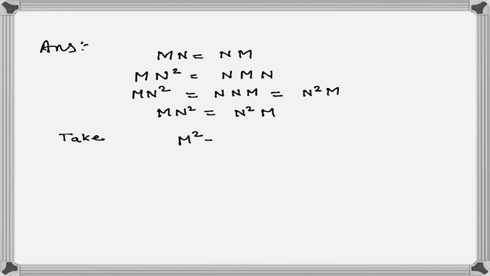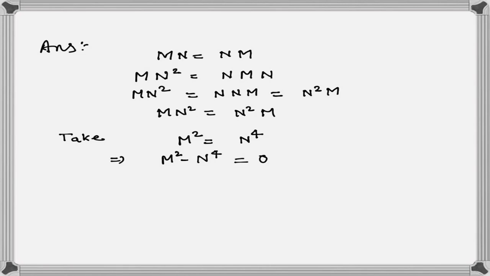Now this is what is given: M square is equals to N to the power 4. So this implies M square minus N to the power 4 is zero matrix. So this 0 represents the zero matrix. Zero matrix is the matrix whose all entries are 0.